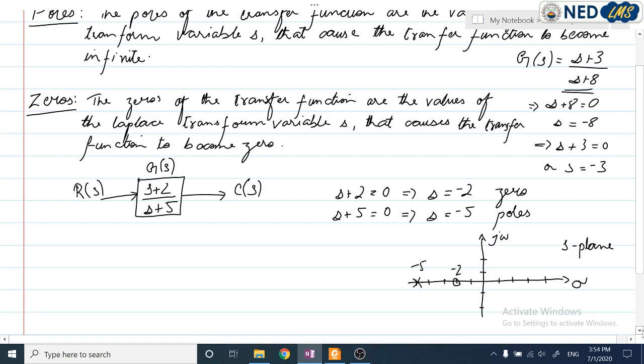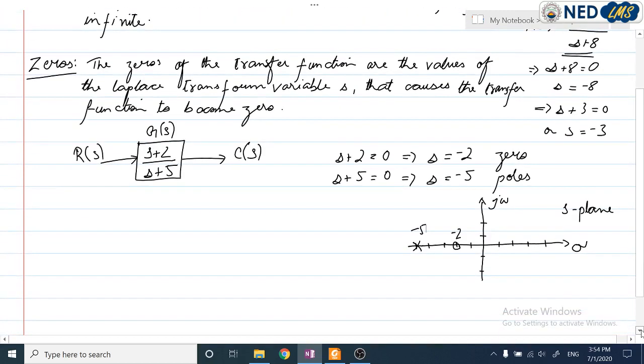Now to show the properties of poles and zeros, let us find the unit step response of the system. So if we apply the unit step input, then R of s becomes 1 upon s.